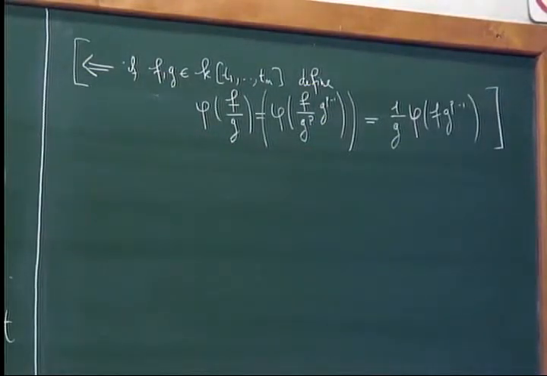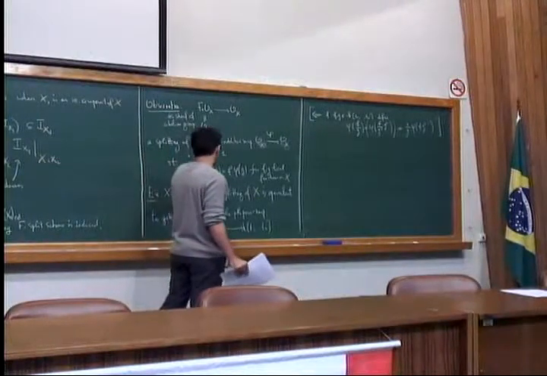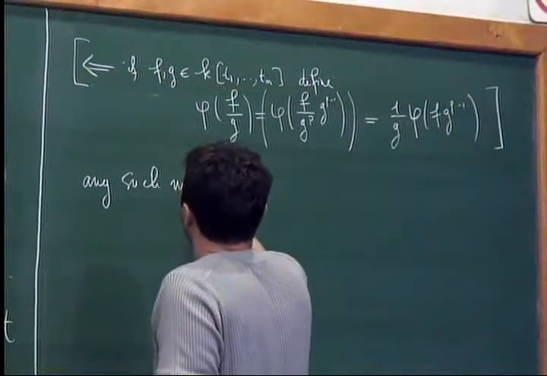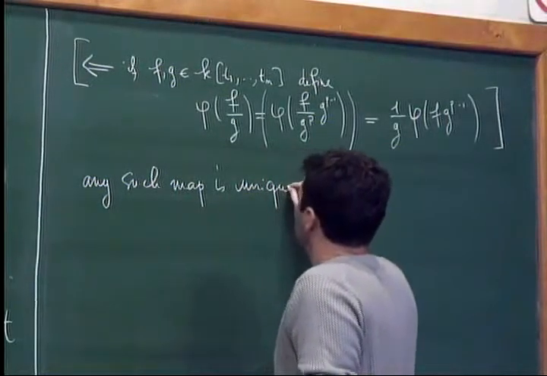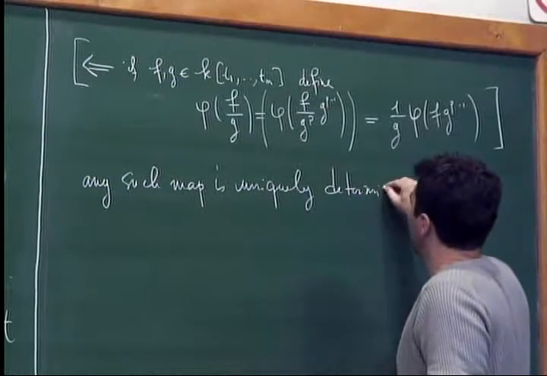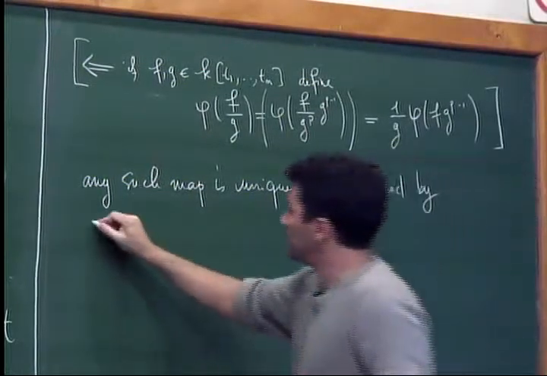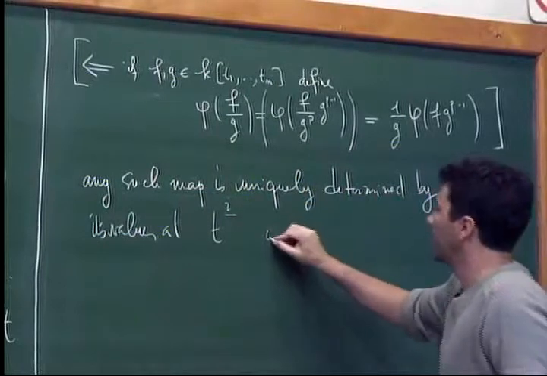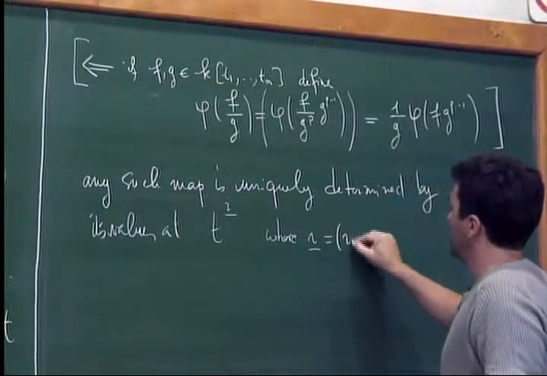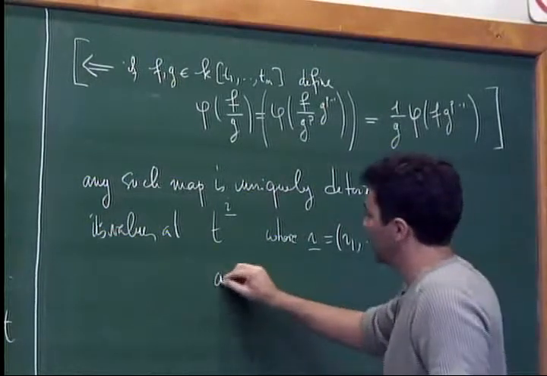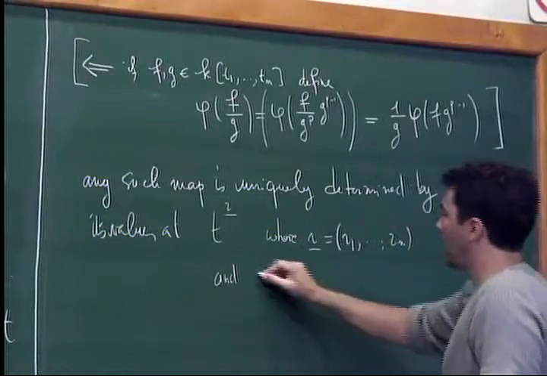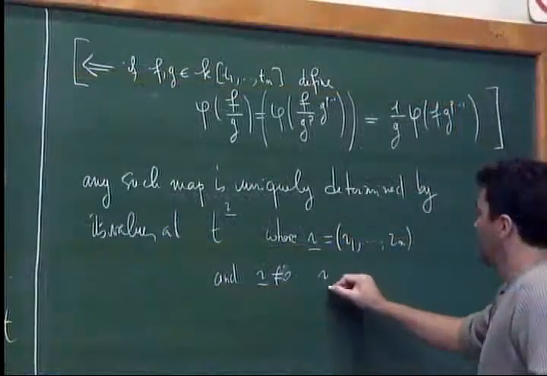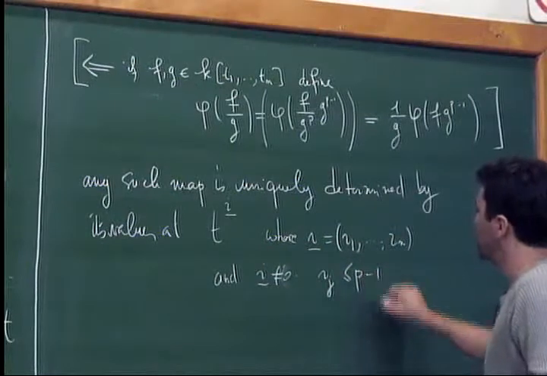And now, since you want the linearity modulo R to the power p, any such map is uniquely determined by its value at the monomials T^I, where I is (I1, ..., In), I is non-zero, because we know that phi of 1 has to be 1, so this is fixed, and Ij are less or equal to p minus 1.